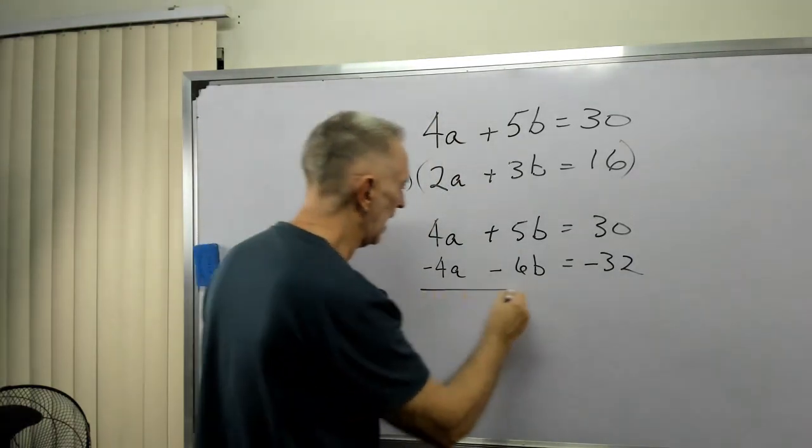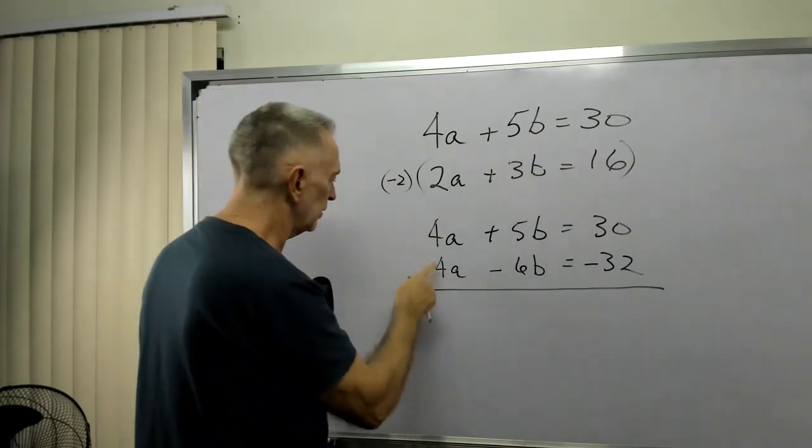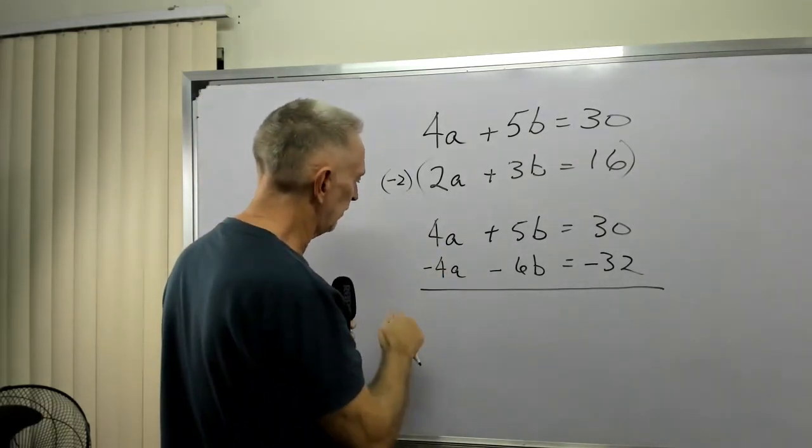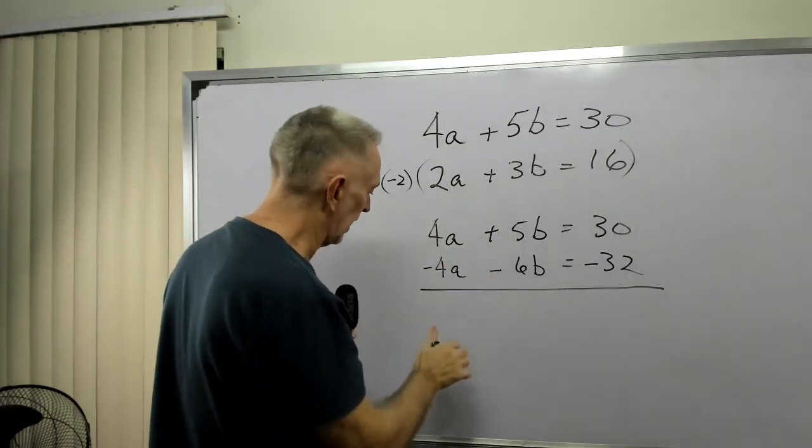Now then, I'm going to add these two equations together. What's 4a plus -4a? It's 0. So this term now has canceled.